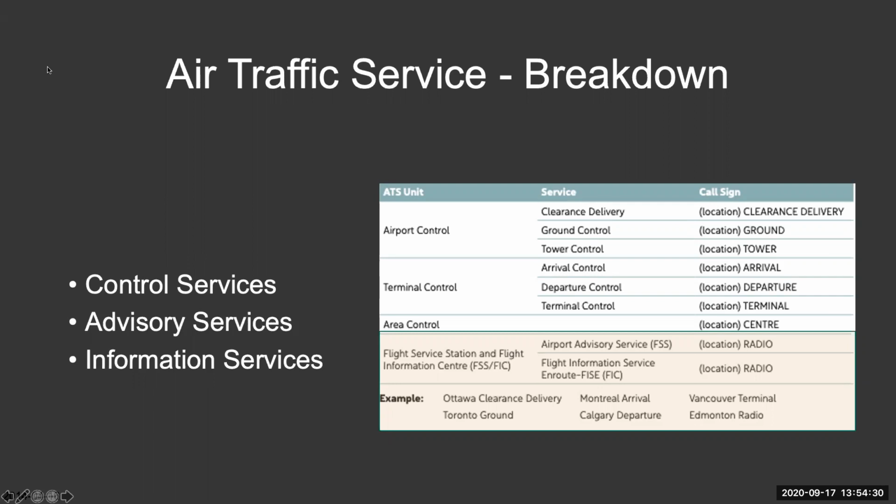So let's go over some basic definitions. The objectives of air traffic control services, as stated in the NAV Canada handout and in the ICAO Annex 11, are to prevent collisions between aircraft, on the maneuvering area and obstructions in that area. Note that this objective does not include the apron, and air traffic services in general is not intended to prevent collisions with terrain.